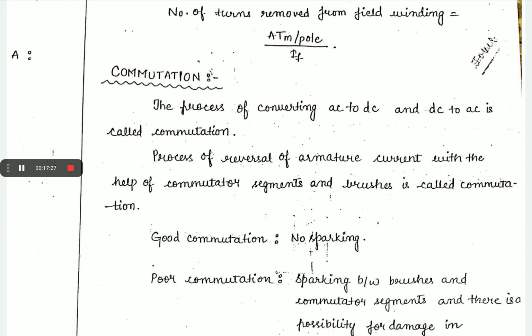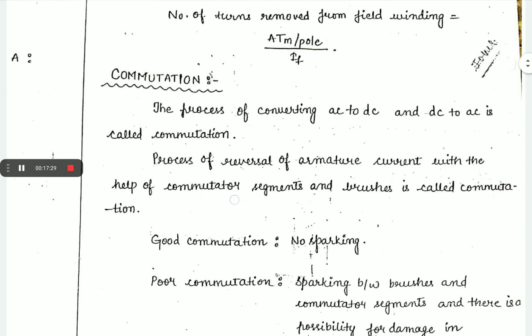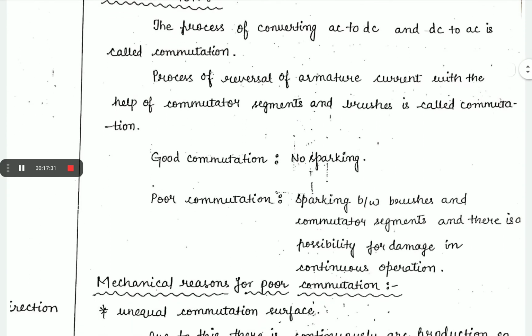The process of reversal of armature current with the help of commutator segment and the brushes is called commutation. Okay, and good commutation will not have sparking, and poor commutation has sparking between brushes and commutator segments.